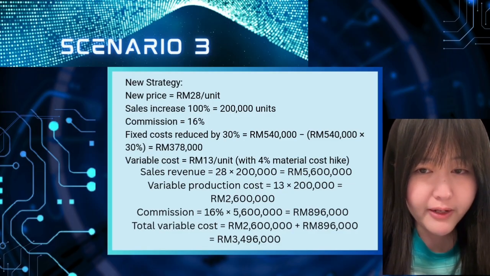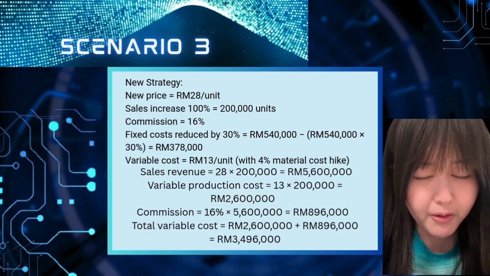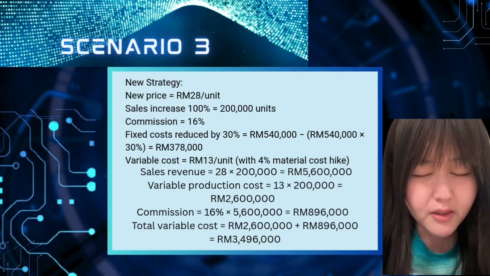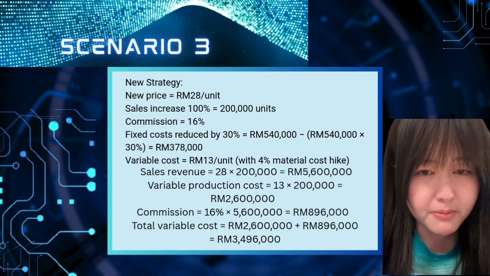Sales: 200,000 multiplied by 28 equals 5.6 million. Variable cost 2.6 million. Commission 896,000. Total variable cost 3.496 million. Net income equals 5.6 million minus 3.496 million minus 378,000, equals 1.726 million.